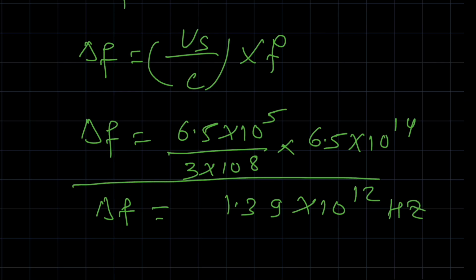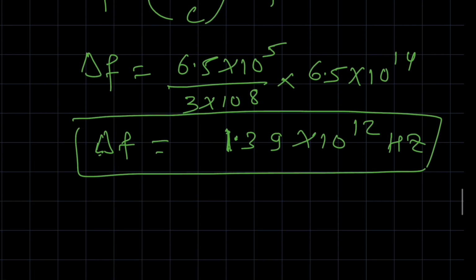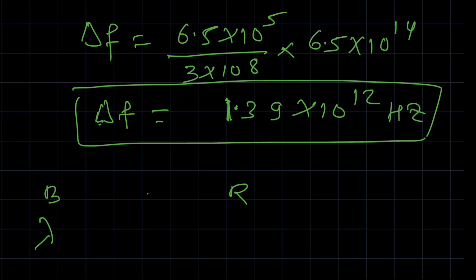So if the star is moving away from the earth, we get that the frequency is decreased by 1.39. If the frequency is decreased, it means the wavelength will increase. In our light spectrum, this is the blue light and this is the red light, and the wavelength of blue light is always smaller than the wavelength of red light.